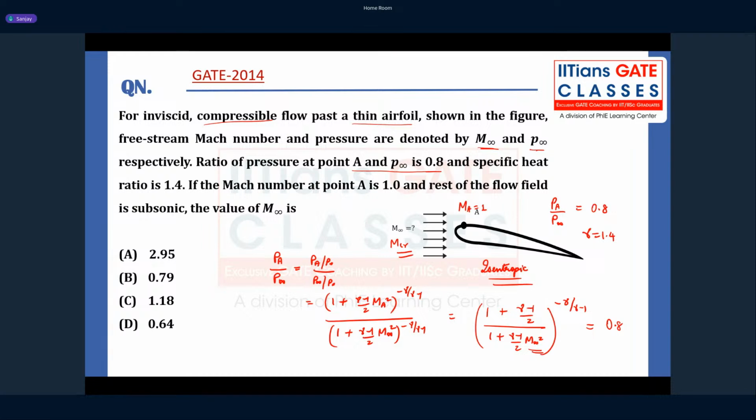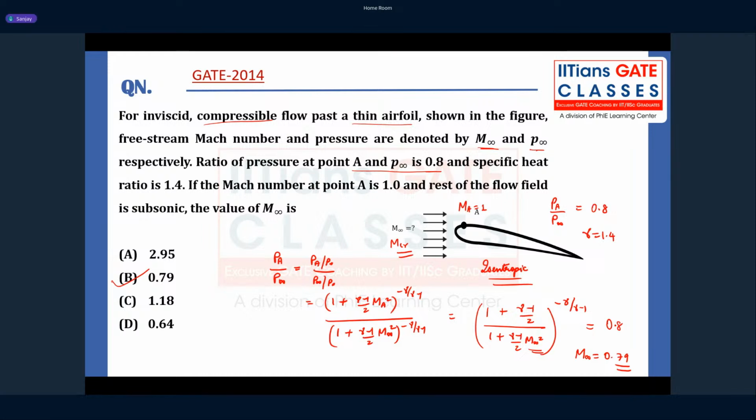When you study gas dynamics, you will learn about isentropic relations, which relate pressure and temperature at two different points in an isentropic process. So if you solve this, you will get M infinity. I think you should get M infinity as 0.79. Okay, so the answer is 0.79.